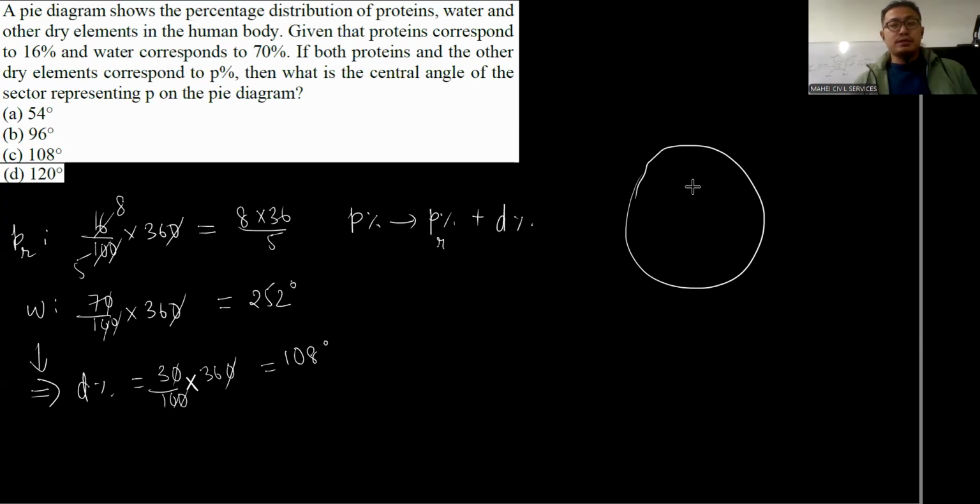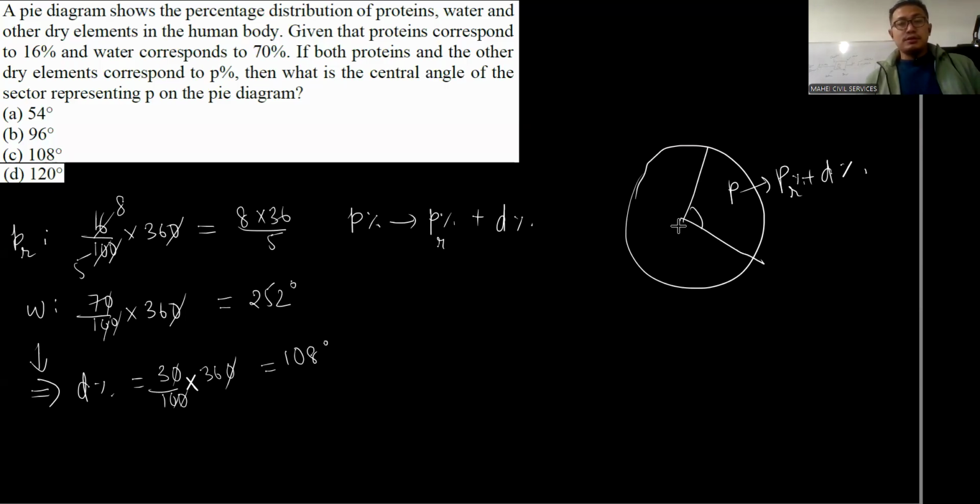So let's say this is the pie diagram, and let's say this is P. P is the protein plus other dry elements. P%, PR% plus D%, the total angle is 360 degree.